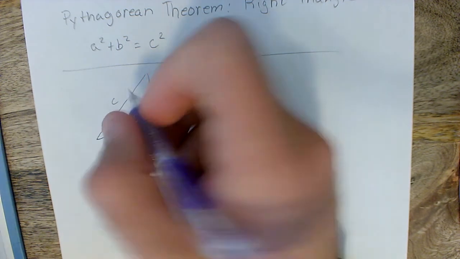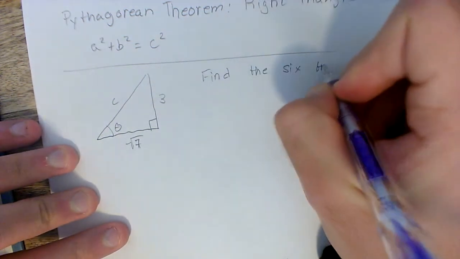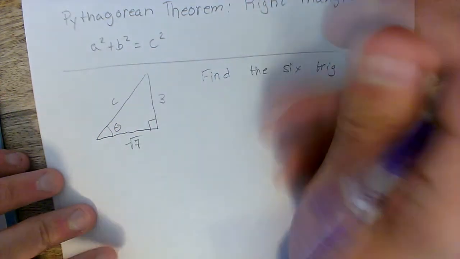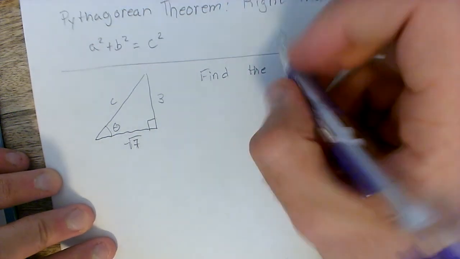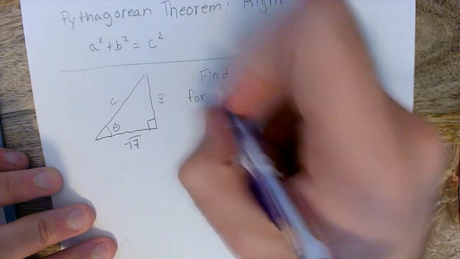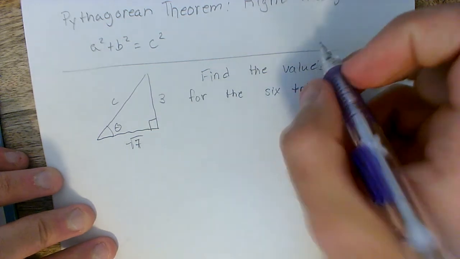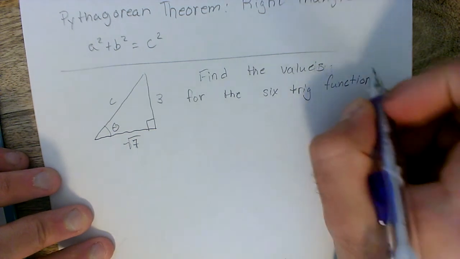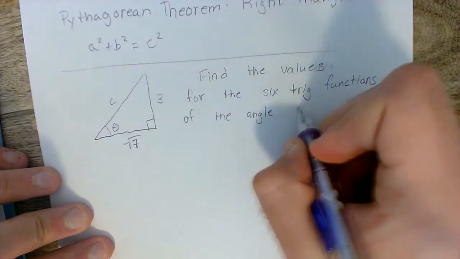The instructions are: find the values for the 6 trig functions of the angle theta.